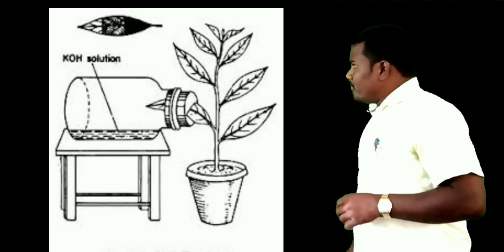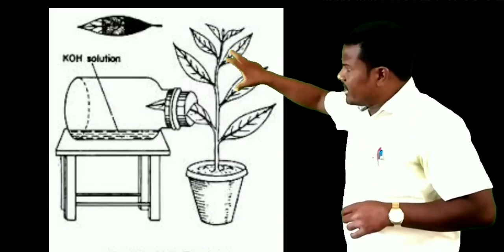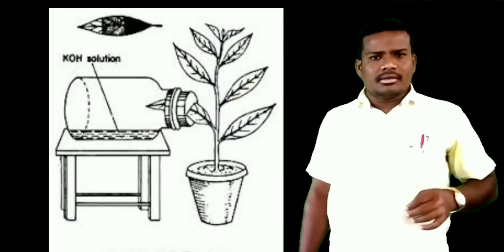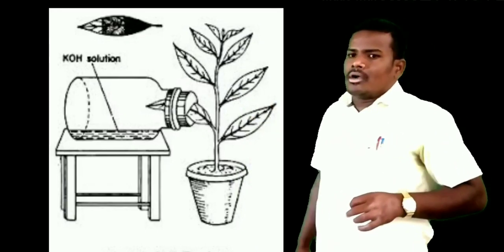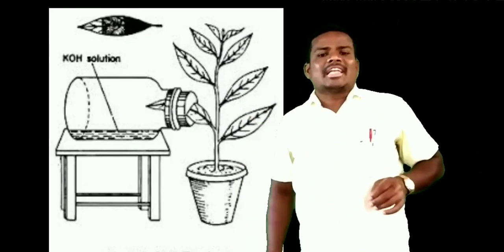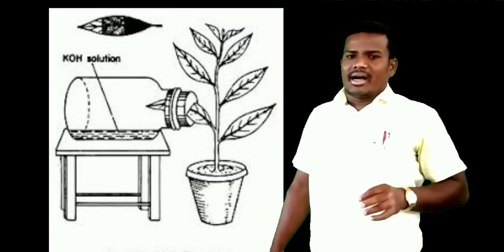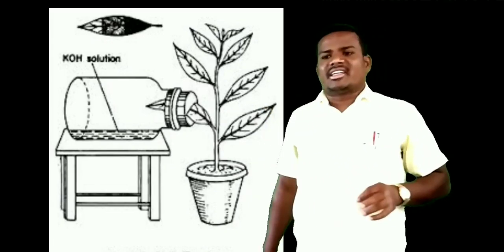Next, after de-starching, take the potted plant out of the dark room and keep it in sunlight. Before that, take a wide-mouthed transparent bottle and pour a little KOH solution into it.